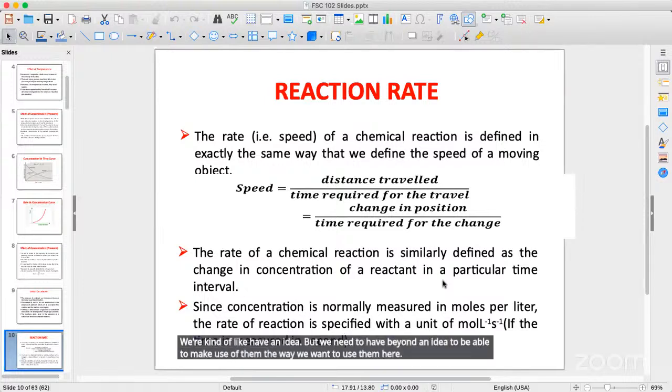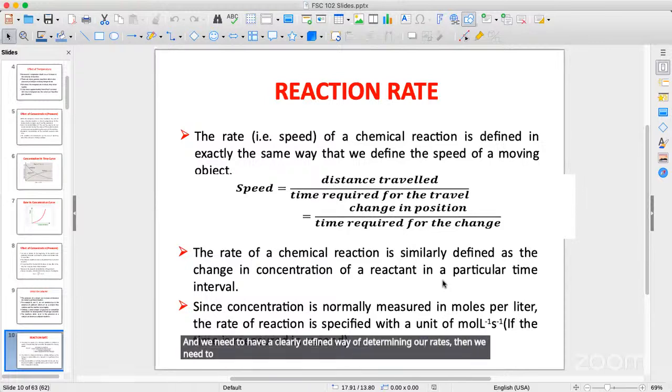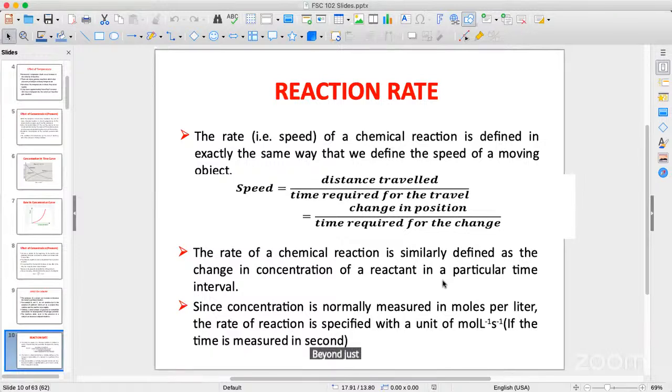We need to have a clearly defined way of determining what our rate is, and for that we need a very clear, lucid understanding of what rate is, beyond just an idea.